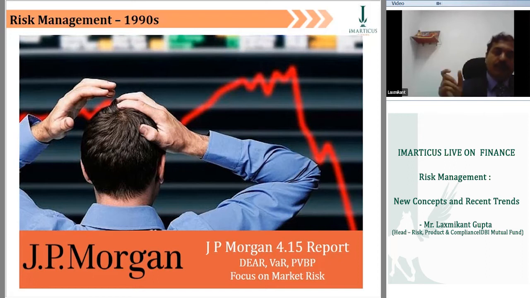This single number started being presented at JP Morgan, and over time the Basel norms, as well as the Reserve Bank of India, prescribed that we should use the value at risk and DEAR numbers, and that the capital adequacy ratio should be added with this number to take care of the market risk on the treasury portfolio.